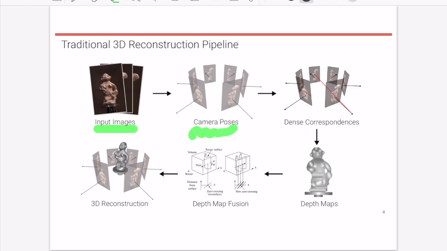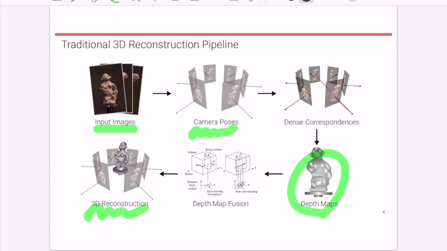Then we also discussed how to reconstruct the depth information from the two-view or multi-view images, and then by back projecting this depth map to the 3D field, it's going to be the full 3D reconstruction. So this is just a traditional 3D reconstruction pipeline.